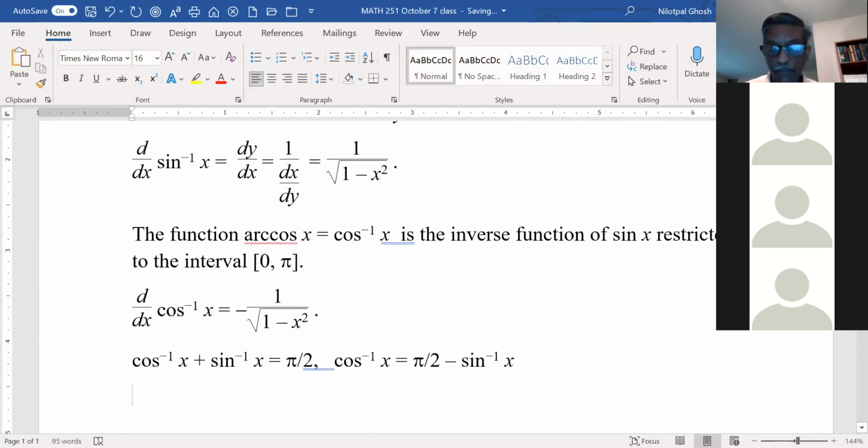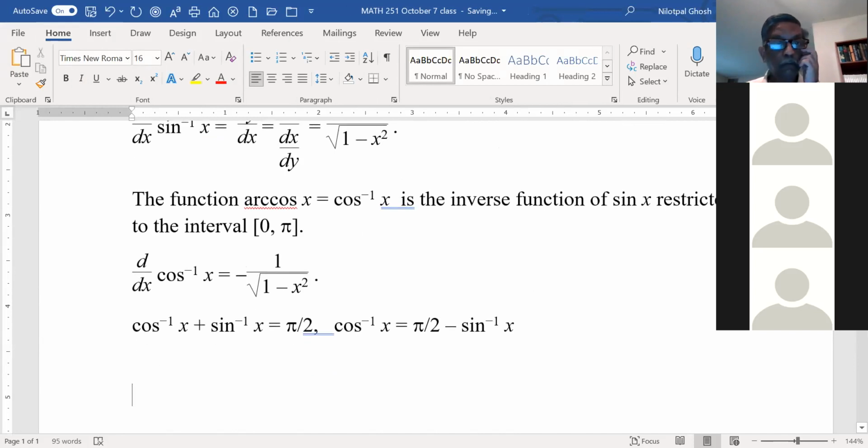And in a similar fashion, we can take the derivative of tan inverse x.